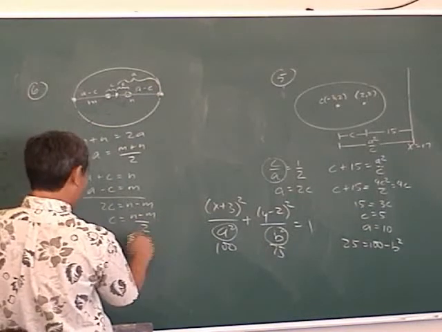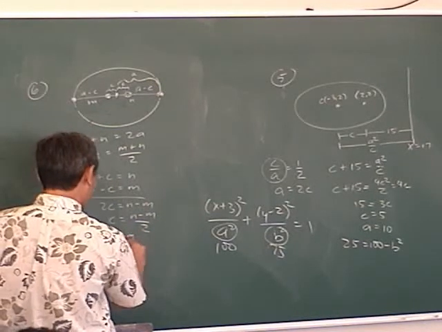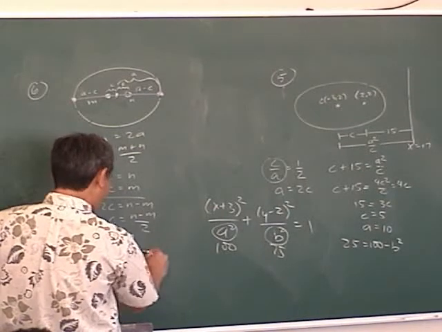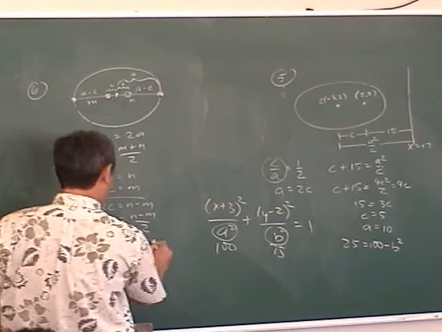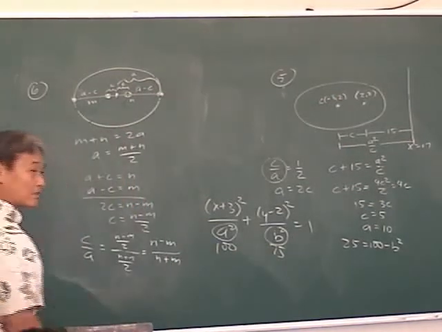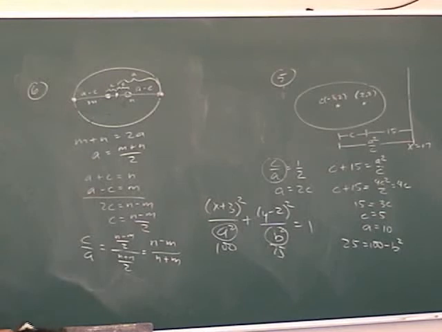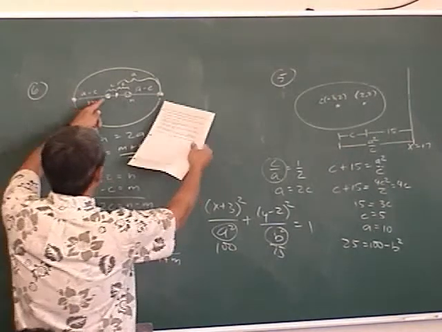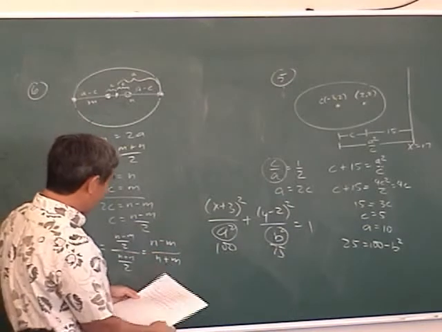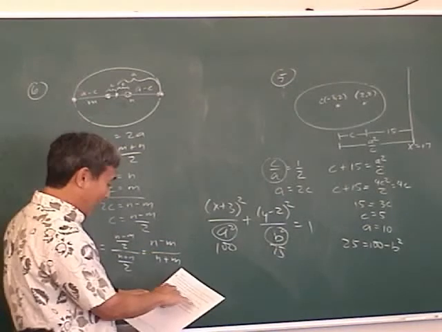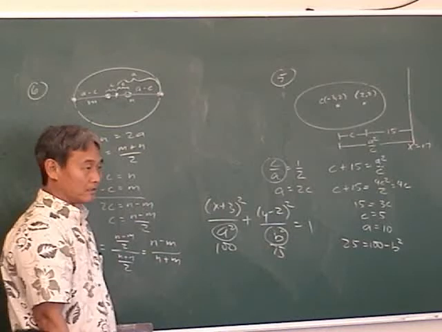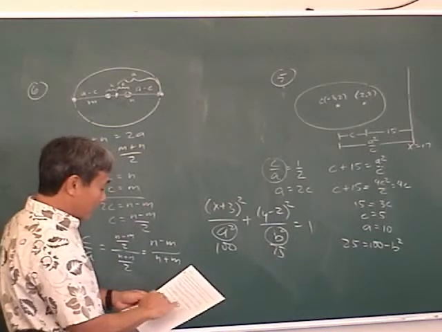If this is C, N minus M over 2, what is A? N plus M over 2. Multiply top and bottom by 2, you get N minus M all over N plus M. There you go. That's how you compute the eccentricity. N is the farthest distance from the sun, M is the closest distance. So you just subtract the two numbers and divide by the sum of the two numbers, and that's your answer. Can you see that you don't need a calculator for that either?